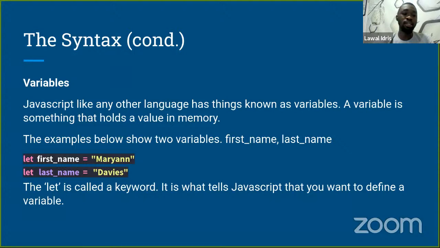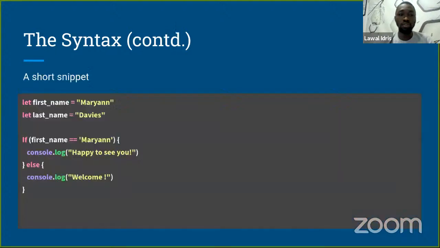So Marian there is a value, firstName is a variable, and let is called a keyword in JavaScript. We'll look at this shortly. So this is what a short syntax of JavaScript looks like. This is just an overview. I'll tell you what all of these actually do.